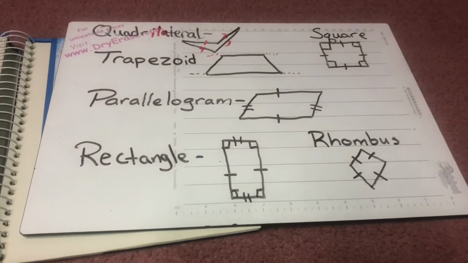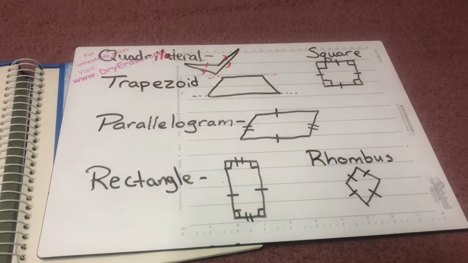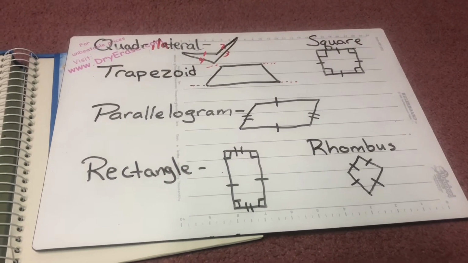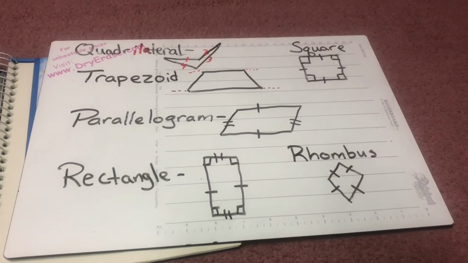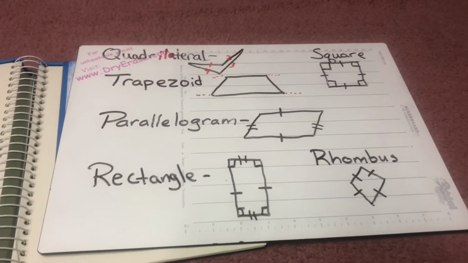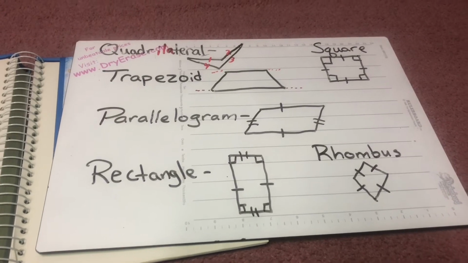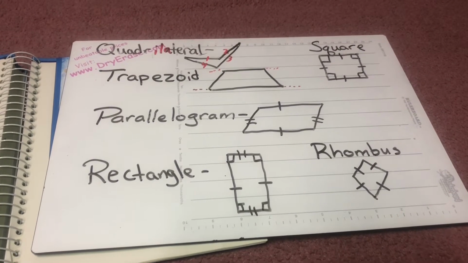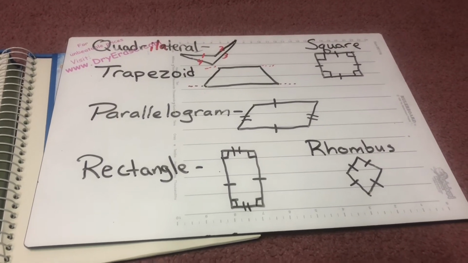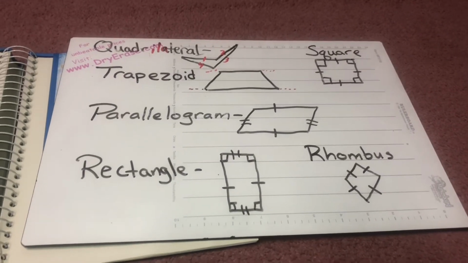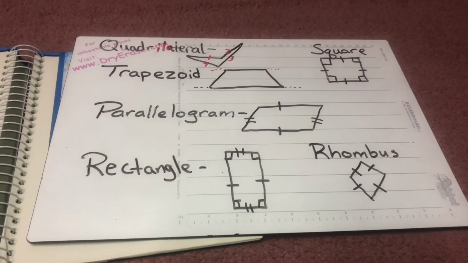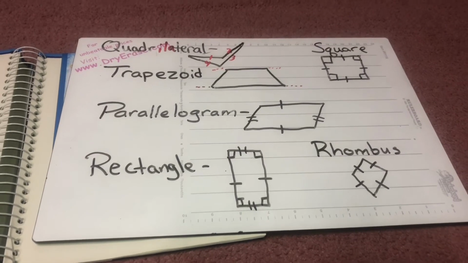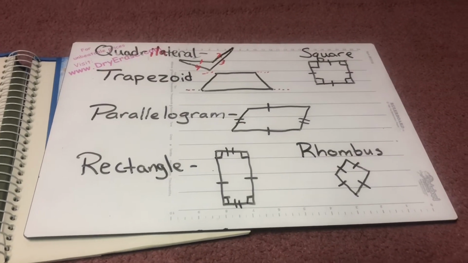But oftentimes what we don't realize is that multiple types of quadrilaterals can be given to the same quadrilateral, okay? And so we're going to talk about that. The idea that sometimes a parallelogram can be a rectangle, sometimes a rectangle can be a square.